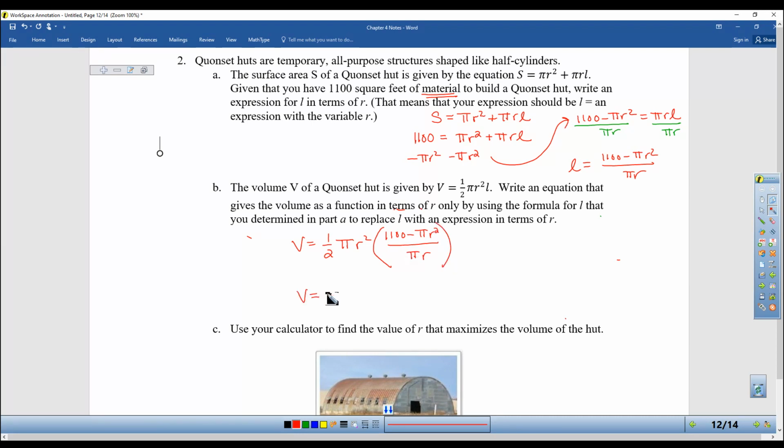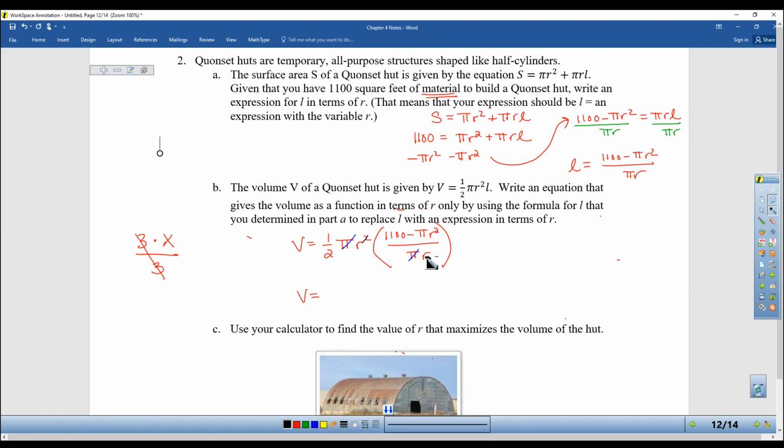Okay, so now follow this. Now I can cancel because this is being multiplied. That's what the parentheses mean, multiplied by this, which means multiplication and division do cancel each other out. If you multiply x by 3, but then divide by 3, you can cancel that out because they're inverse operations. So I'm going to cancel the pi, and I'm going to cancel one of the r's.